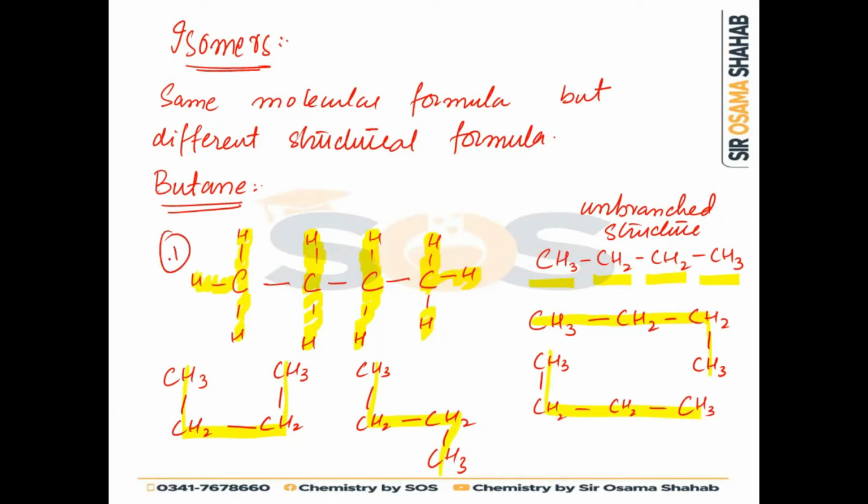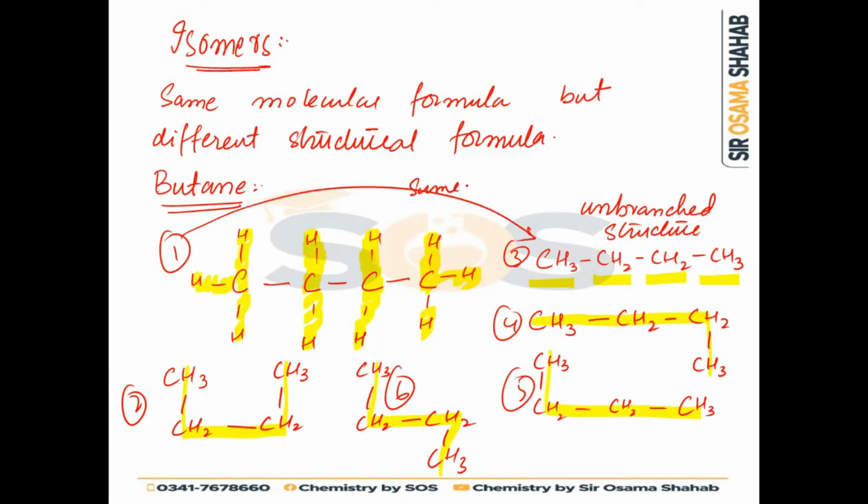The first one is a linear structure. By the way, these two are the same. The first one is the full structural formula, and the other is a condensed formula, which is also a structural formula.